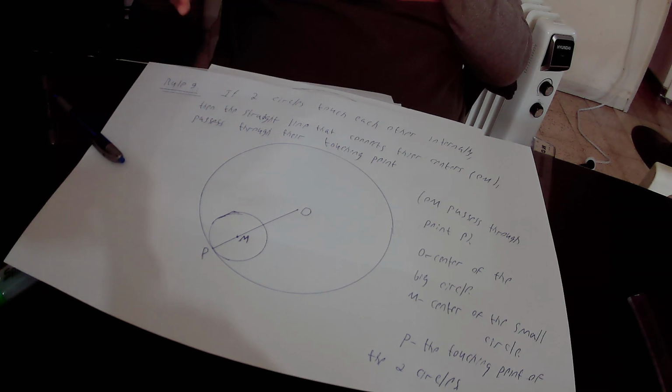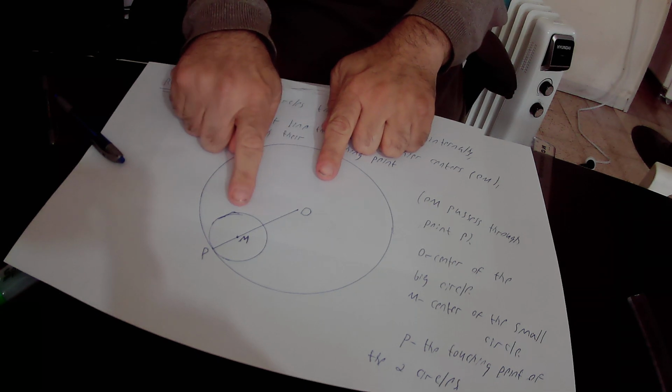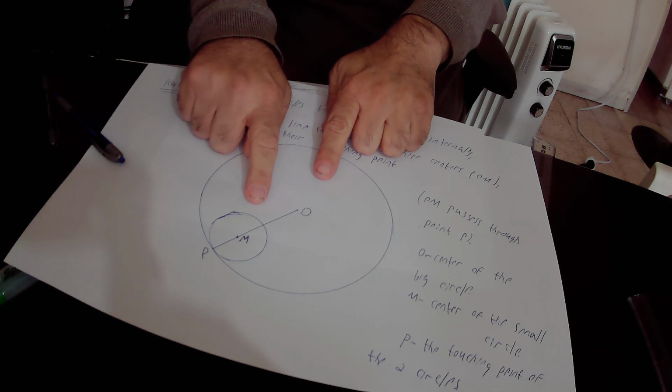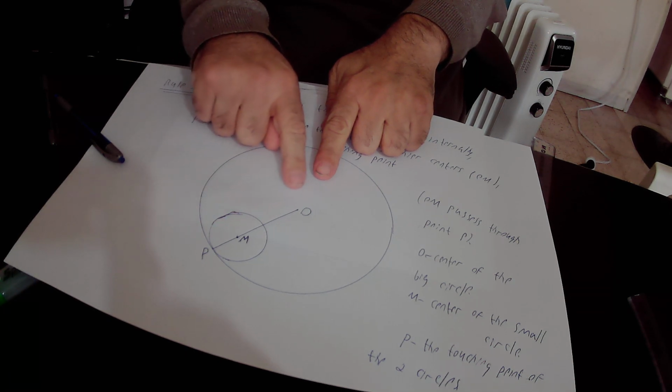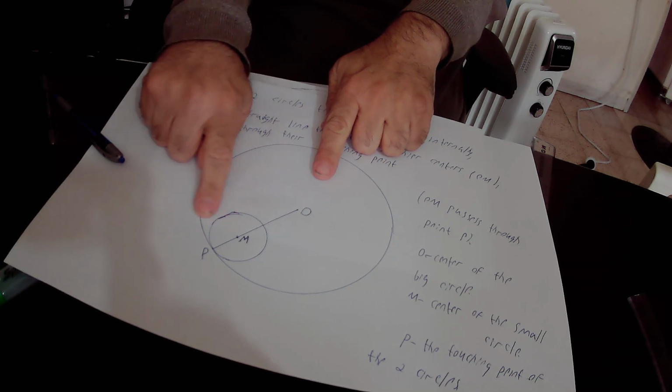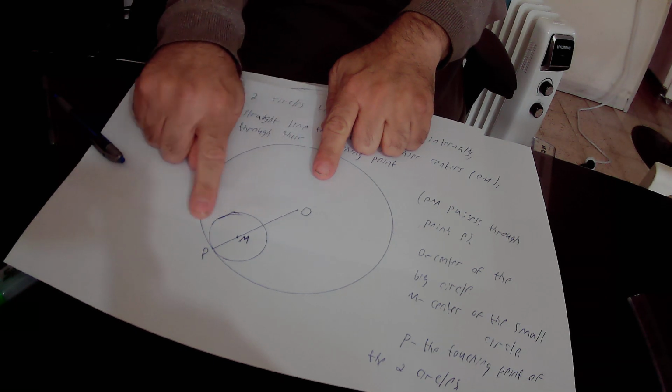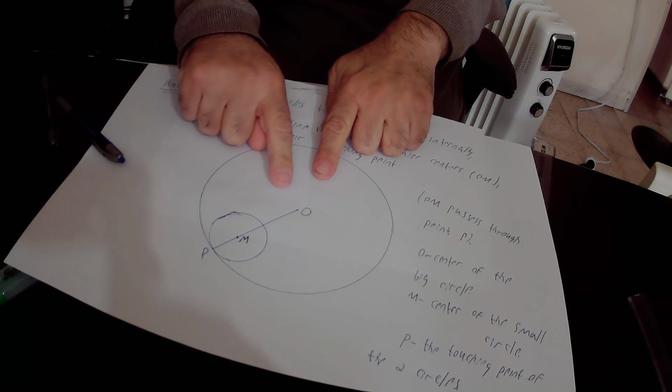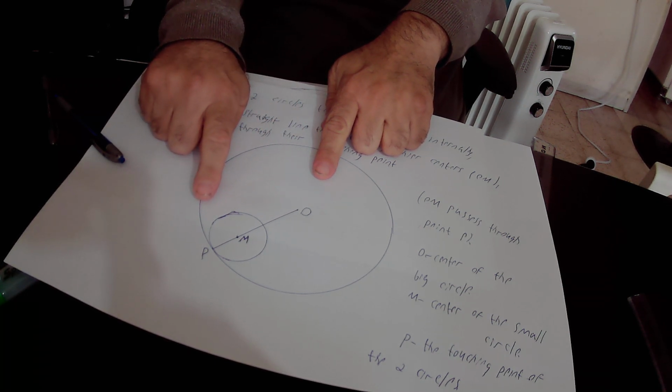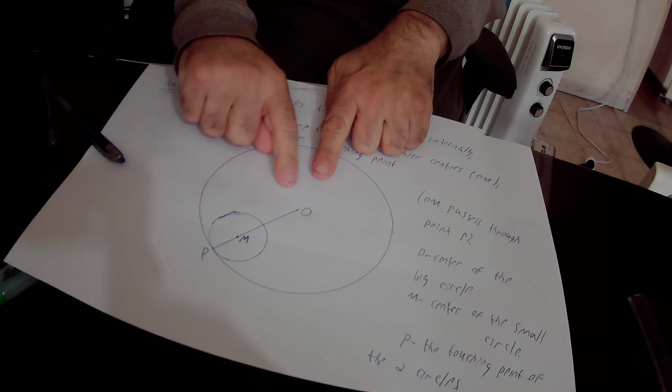According to rule number 9, the straight line OM that connects the centers of those two circles must pass through point P. That is to say, OMP is one straight line, or points O, M, and P, all three points are located on the same straight line.